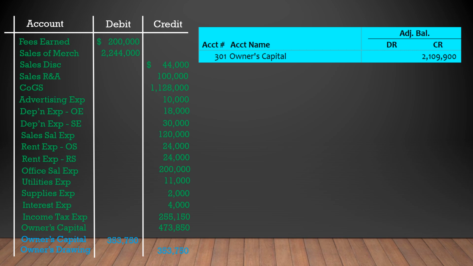We can depict this balance as a T account seen here. We then post the credit from the income statement closing entry and the debit from the drawing closing entry. Our new balance becomes a $2,230,000 credit.